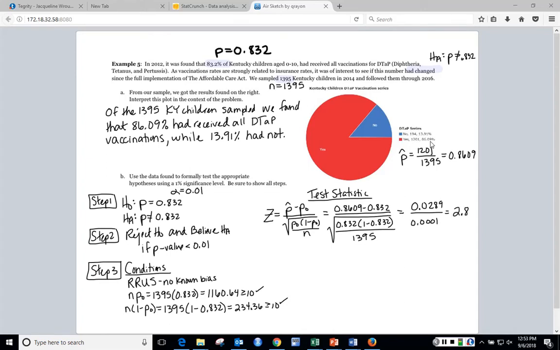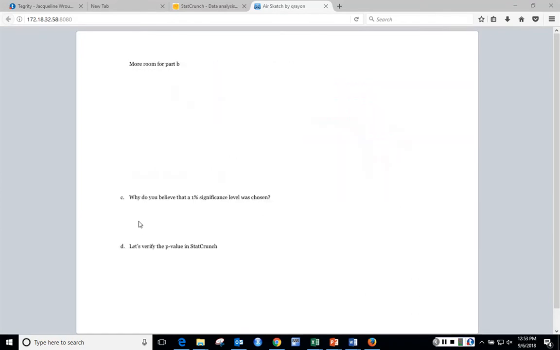Our z should turn out to be 2.89. Now I'm going to go ahead and go to the next page so that I don't try to squish things here. As I go to the next page, I'm still going to need that z I just calculated. And then I'm going to need this alternative hypothesis sign.